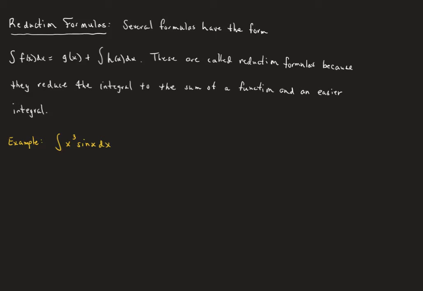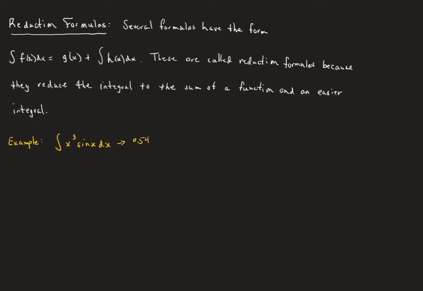We have the integral of x to the third sine x. If you look there, I think you can see that number 54 will be a match for this one.